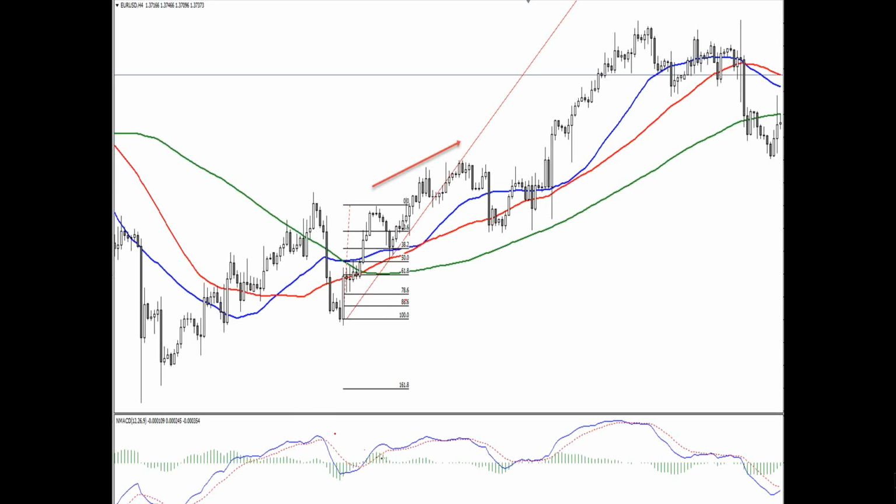You can see also the rule which needs to be respected is MACD needs to be above 0, or at least the blue line needs to cross the red line. So in this point you can see that that was the case. MACD was crossed to the upside.